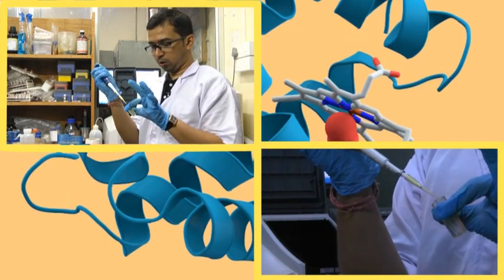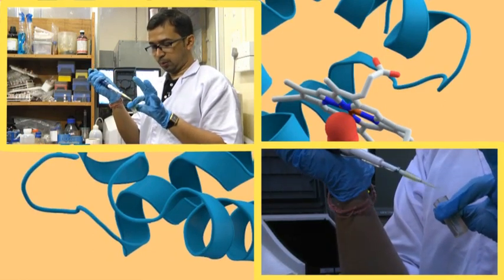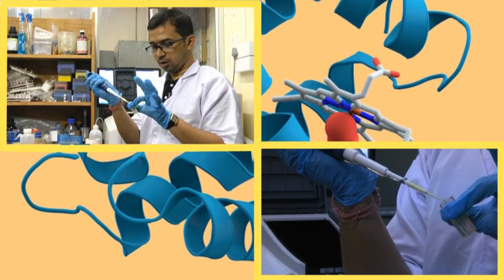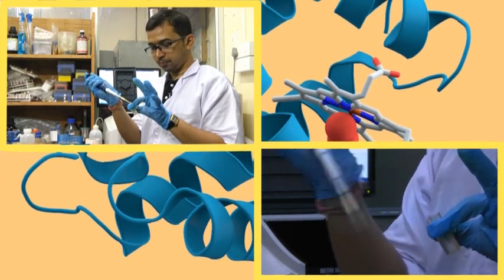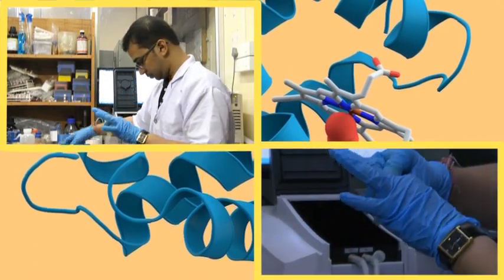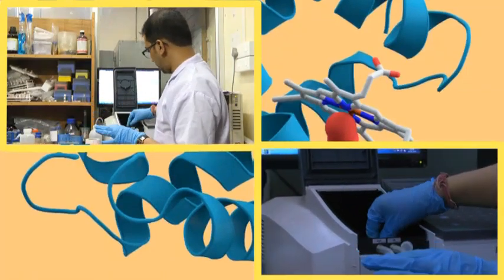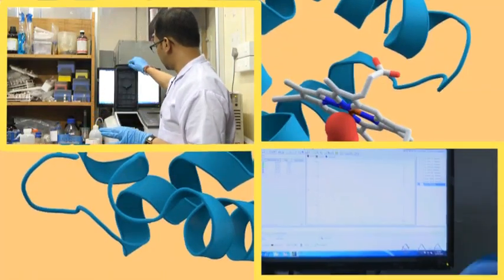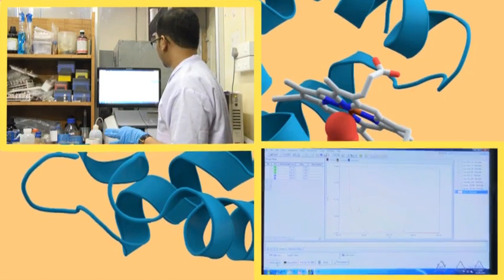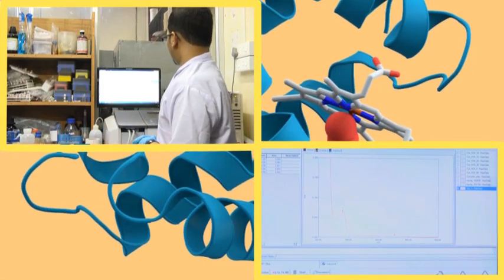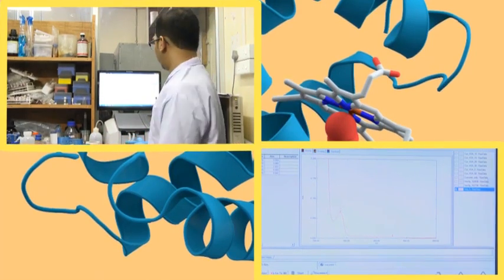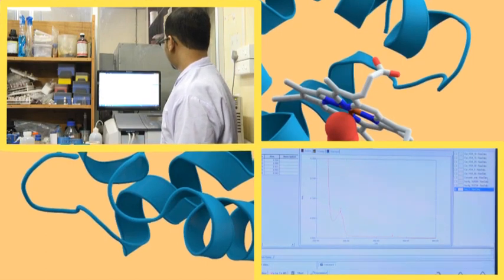Please note that bubbles are not formed out here. Sometimes bubbles are being formed, so we have to remove the bubbles. Okay. Again, we are transferring it. After auto zero, we will give it for measurement.